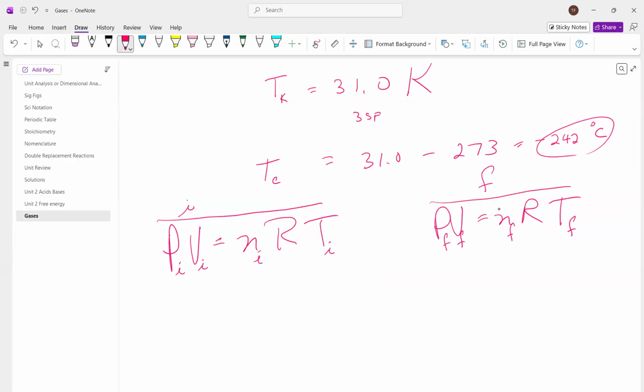Good. So now we can set them equal to one another. We solve for R here. Now we can set them equal to one another.